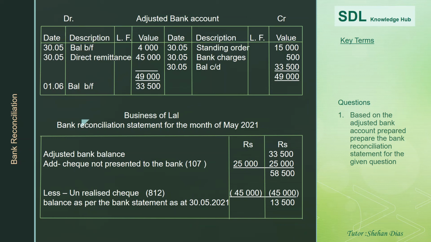There's one check that has not been presented to the bank, 25,000. You add that and you get a balance of 58,500. And then deduct the unrealized check, which is for 45,000. Once this is deducted, you get a balance of 13,500, which is the balance as per the bank statement. Thereby, following these steps, we can prepare the bank reconciliation statement.